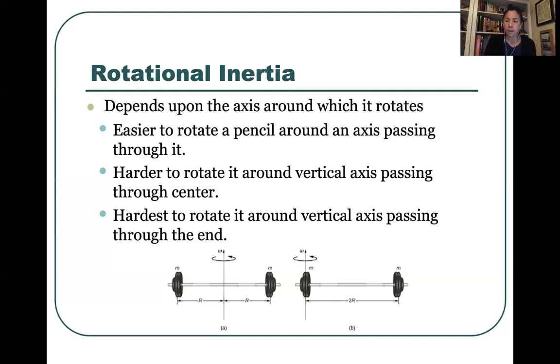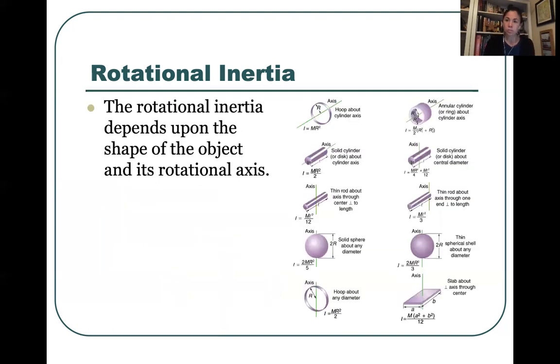So there are ways to calculate the rotational inertia for different shapes of different objects. We're not going to bother at all about how we calculate them because that actually requires a lot of math. However, we can look up in our little table what that is expected to be.